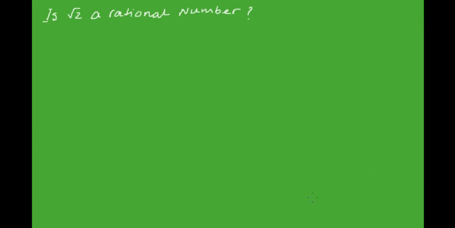Is root 2 a rational number? Okay, let's assume root 2 is a rational number. So root 2 can be represented in the form of m by n, where m and n both are integers and n is not equal to 0.